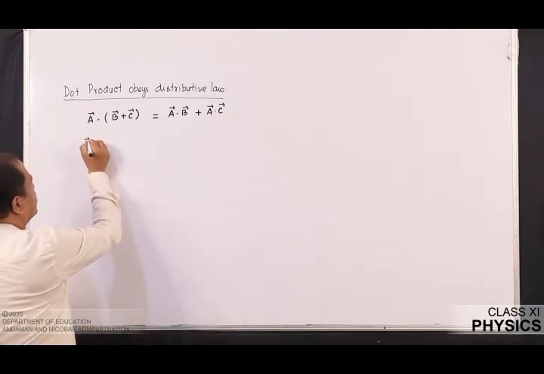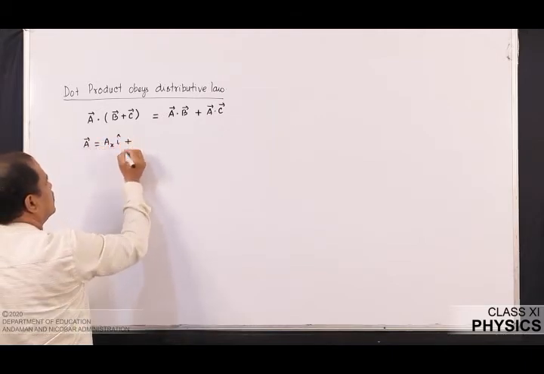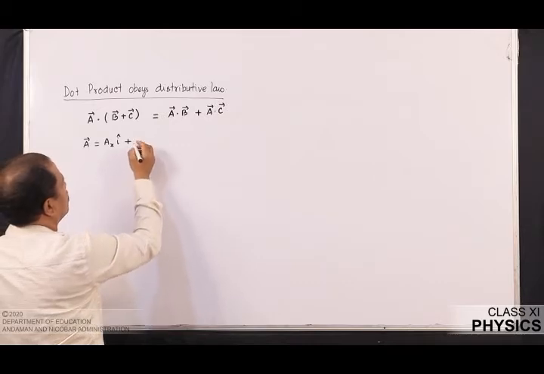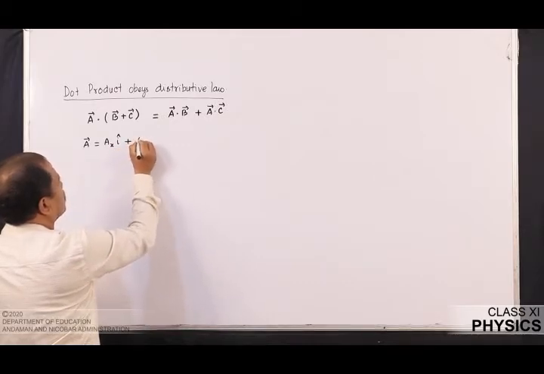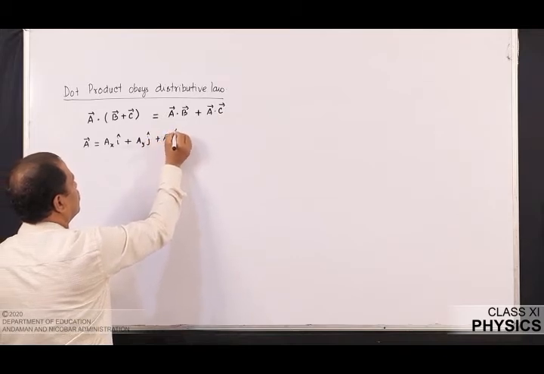So if I take vector A as we considered in the last case to show the commutative law, Ax of I plus Ay of j plus Az of k I have.